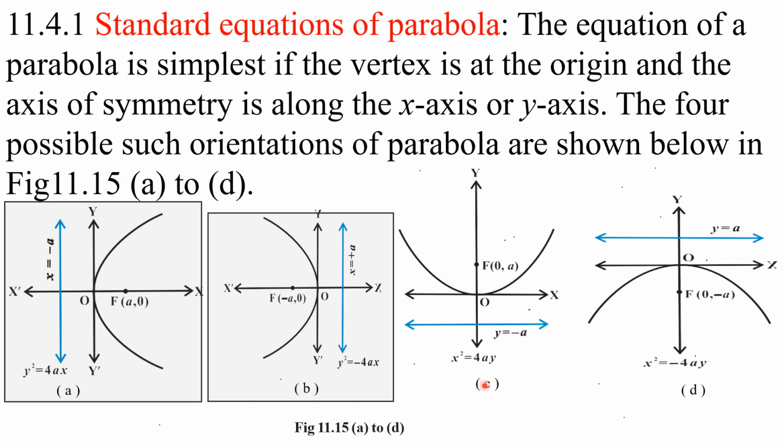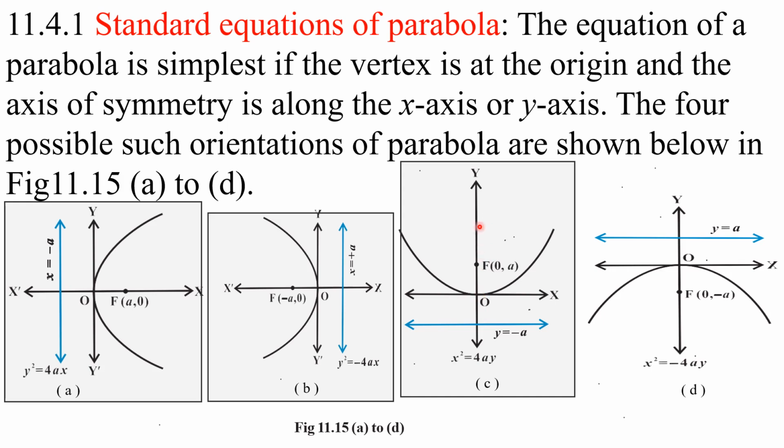Right. Now come to the third figure, C. If you observe this parabola, what is the vertex of the parabola? Yes, the vertex of the parabola is at origin. And now come to the second point. What is the axis of the parabola, or we can say axis of symmetry of the parabola? Positive y-axis.